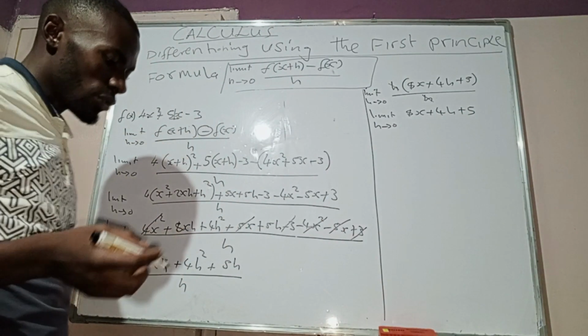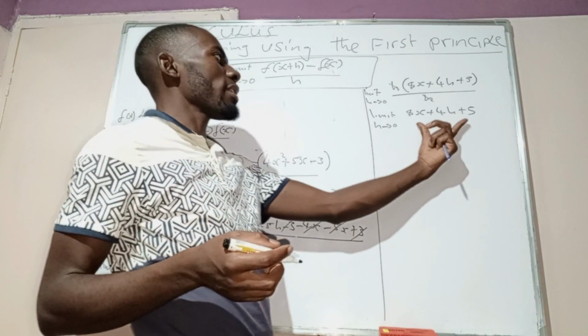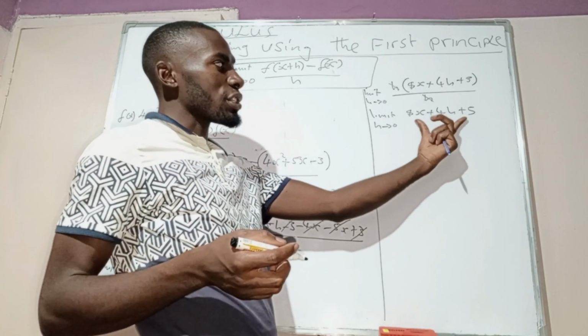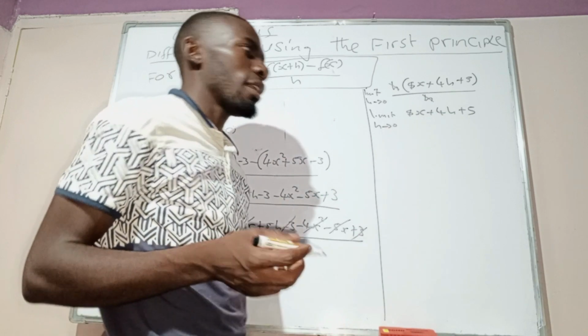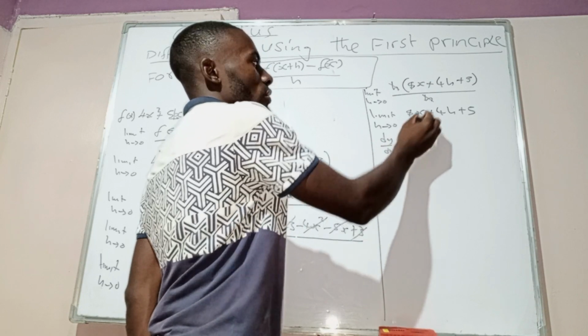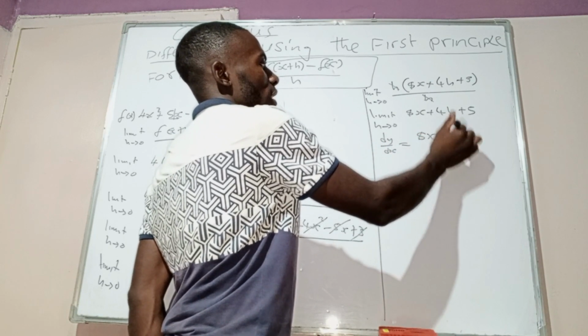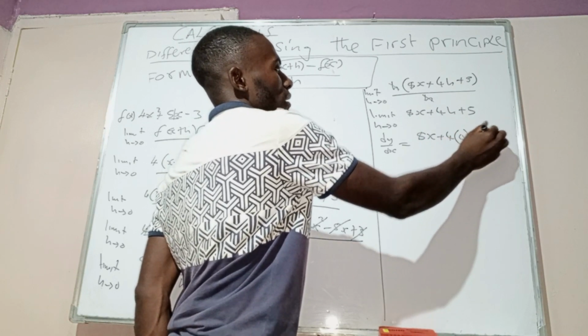Okay. So when you reach here, we are saying h should be approaching what? 0. So that means where there is h in this expression here, you replace it with a 0. So I'm saying now dy over dx is equal to 8x plus 4, what is h? You put a 0, plus 5.